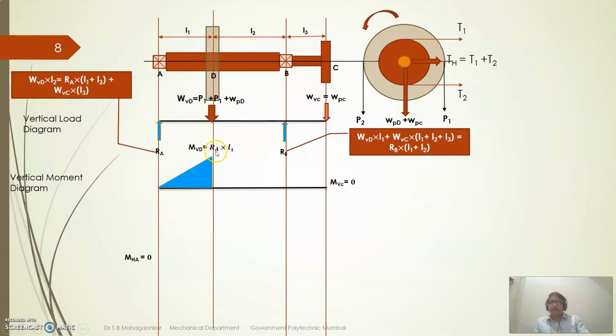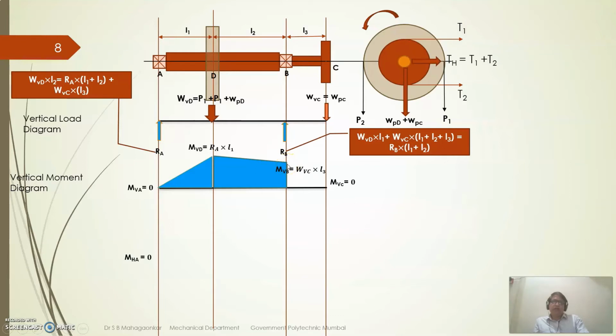You just take RA into L1 and get a point, right? And after this, I will go directly to the next one. So what is the moment at point B? Similarly, the moment about B is nothing but WVC into L3. So I can get WVC into L3, and taking that value, this is the point I got.